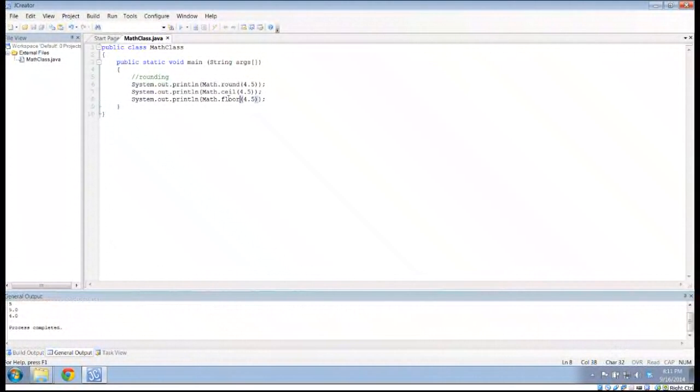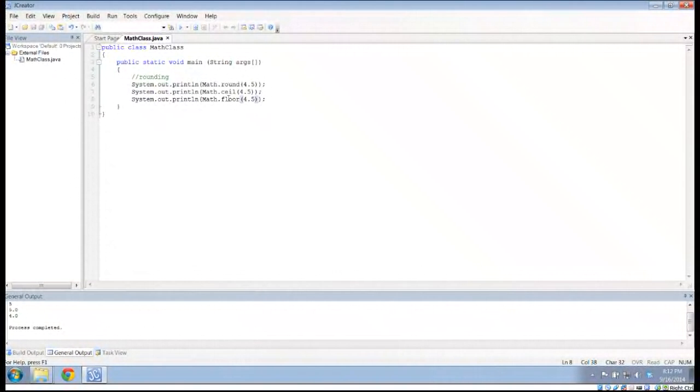The thing is, the math class has rounding, but there are different types of rounding based on different situations. So, for example, if I had enough money for 4.5 people to go on an airplane ride, then I really can only afford for 4 people to go on that airplane ride. That 0.5 is really kind of useless.